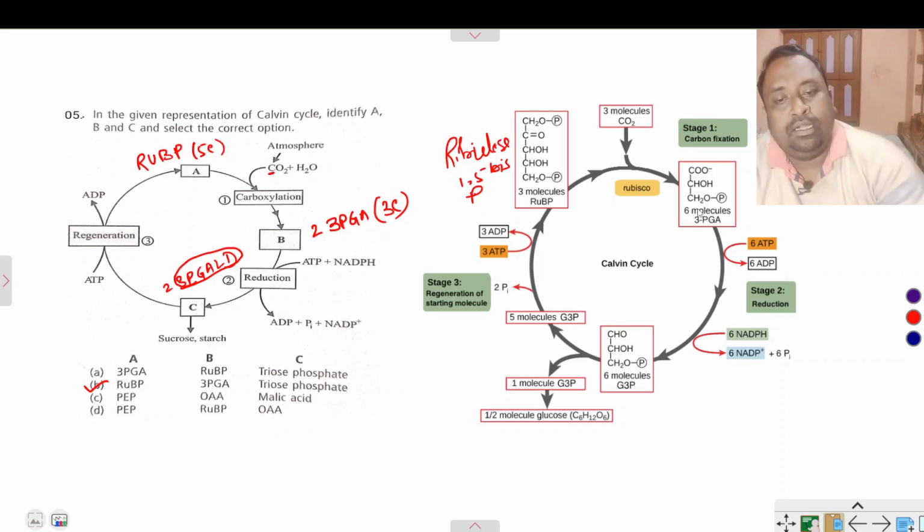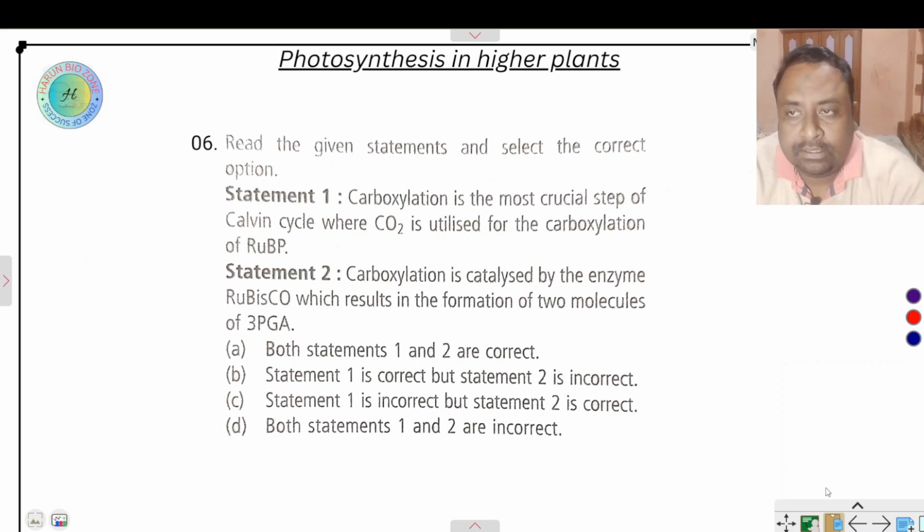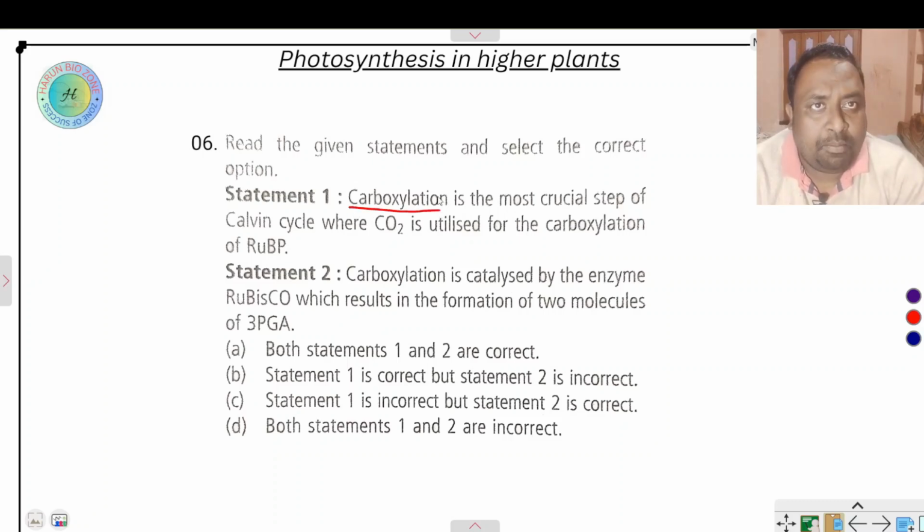Clear? The next question: read the given statement and select the correct option. Statement: carboxylation means absorption of carbon dioxide in the presence of Rubisco enzyme during the Calvin cycle. This is called carboxylation, the fixation of carbon dioxide.